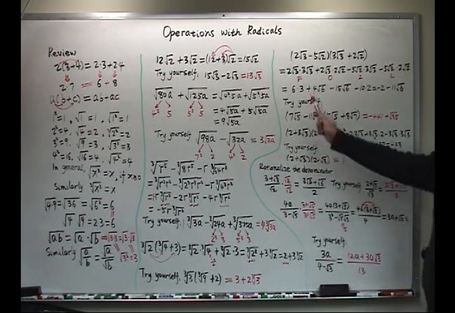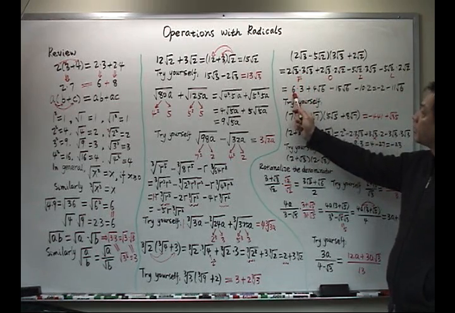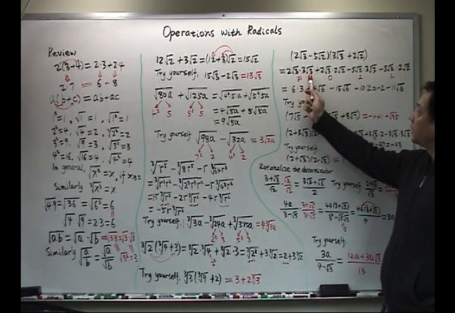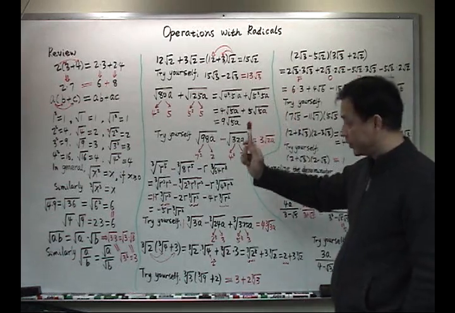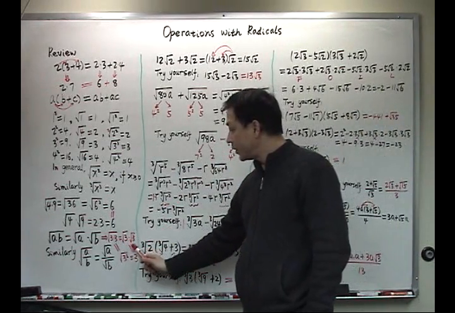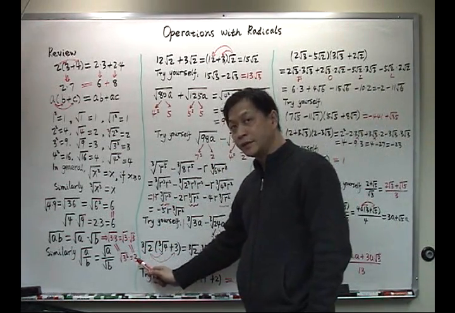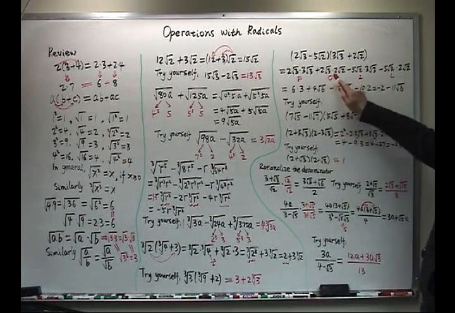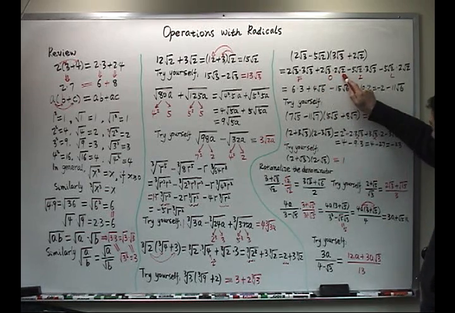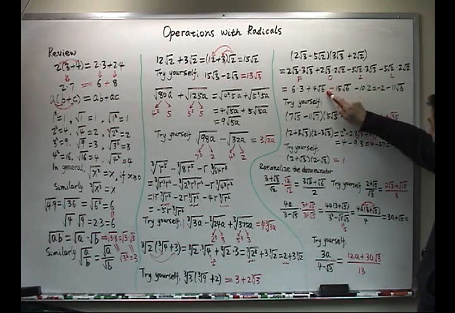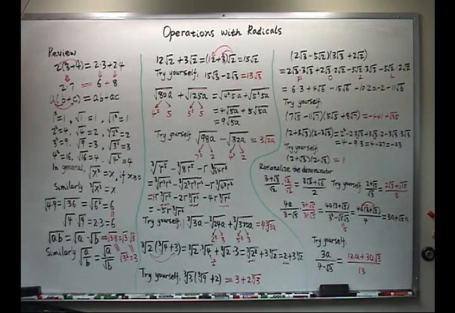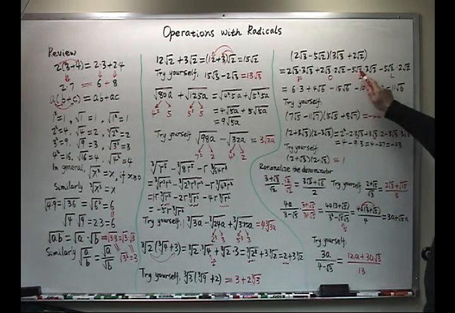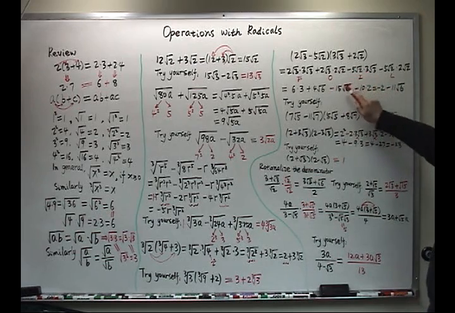Now we know 2 times 3 is 6. Radical 3 times radical 3 is 3. Now, 2 times 2 is 4. Radical 3 times radical 2 is radical 6, because 3 times 2 is 6. Now, 5 times 3 is 15.